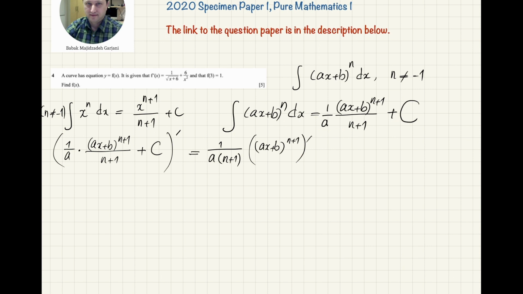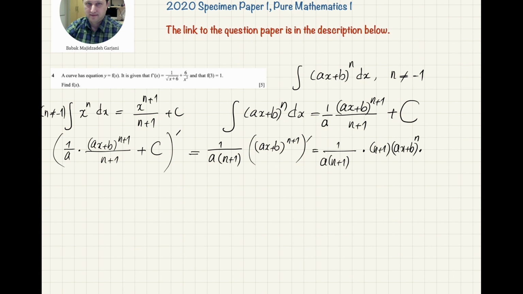To take the derivative of this part, I have to use the chain rule. I have 1 over a times 1 over n plus 1, and then the n plus 1 comes down, so it becomes (n plus 1)(ax plus b) to the power of n plus 1 minus 1, which is n. But be careful, this is not finished.